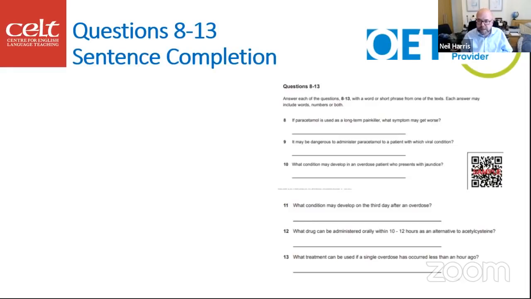Now, I would imagine, and let's just try this in chat, what kind of information do you think question 8 is looking for? If paracetamol is used as a long-term painkiller, what symptom may get worse? I'll just wait for you to type some ideas into chat here.